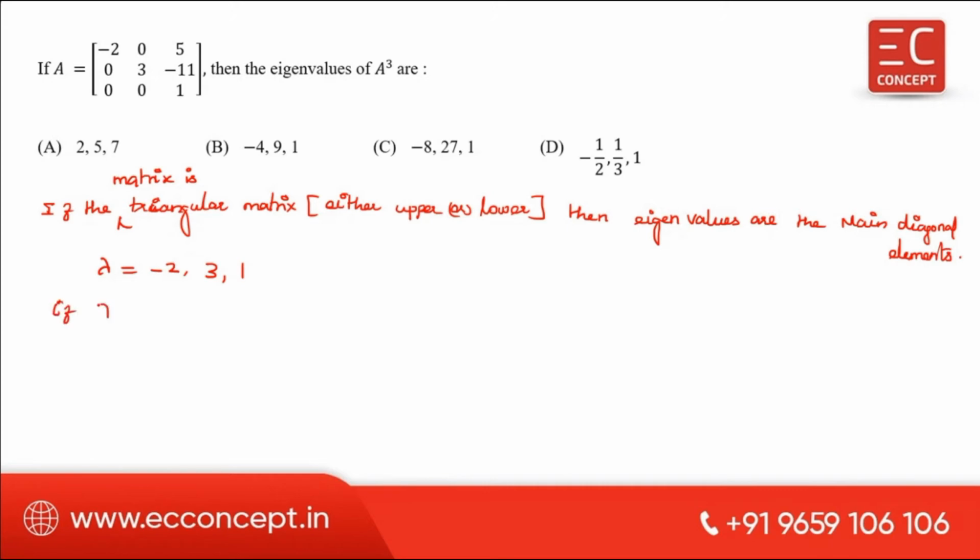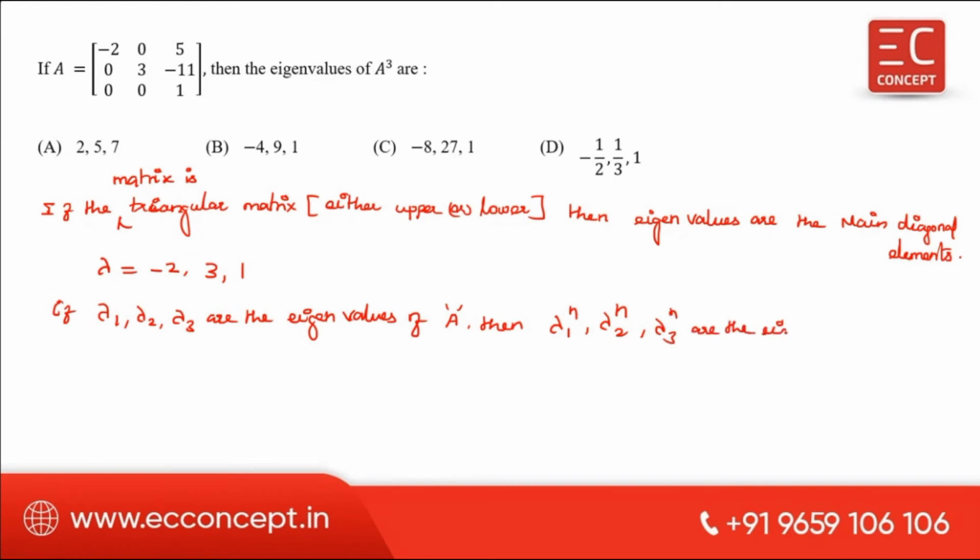If lambda 1, lambda 2, lambda 3 are the eigenvalues of matrix A, then lambda 1 power n, lambda 2 power n, lambda 3 power n are the eigenvalues of A power n. So everyone got it?